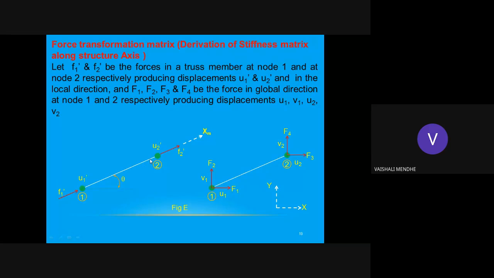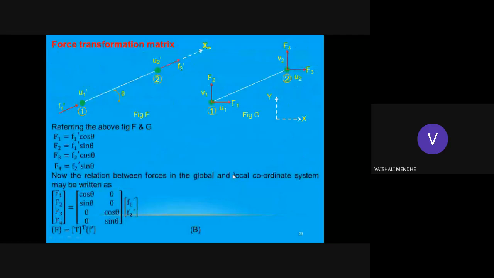So we have shown the forces in the local direction and in the global direction. Now the same thing I have written here, figure F, figure G. I think it will be clear to you. F1 dash, F2 dash are local forces, F1, F2, F3, F4 are global forces.